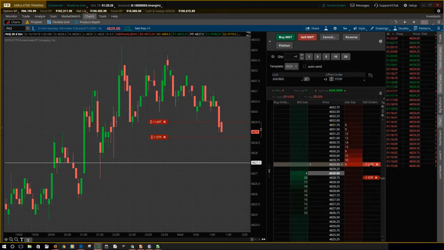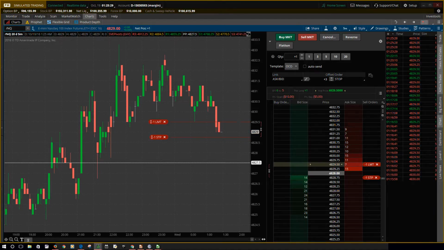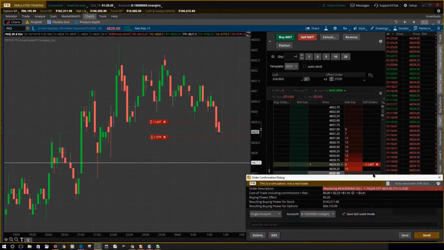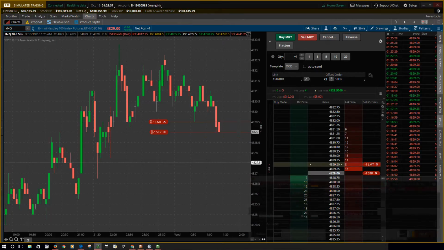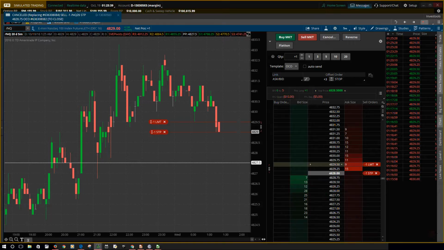And we'll wait a second or two here. It didn't go up. Let's move the stop up a little bit closer, so you can see. Because I think the platform is having a little issues about canceling both orders after you move them.